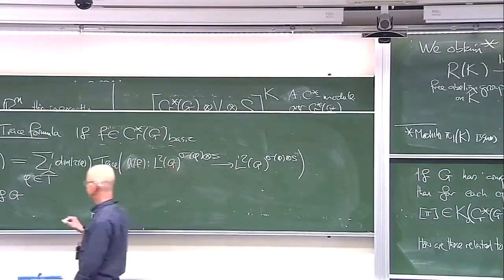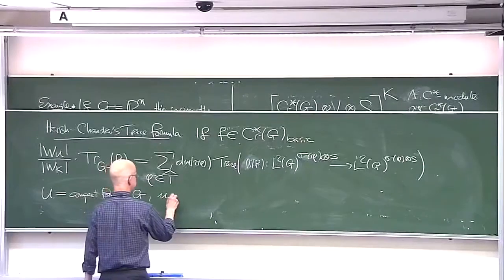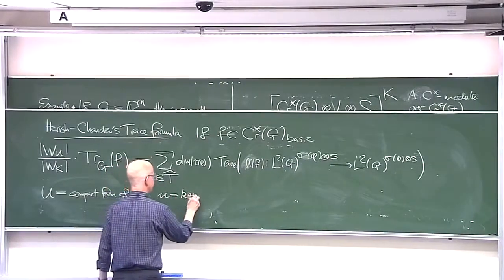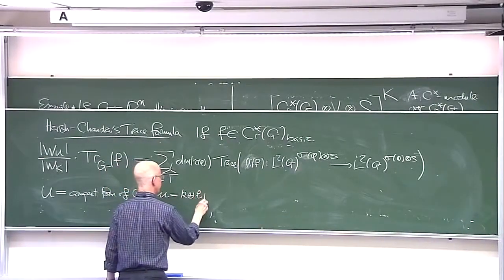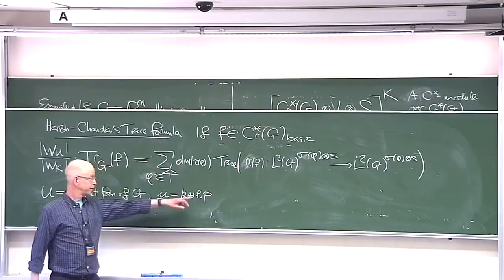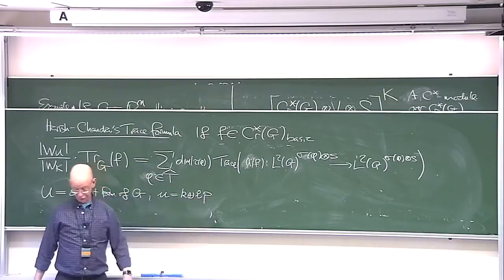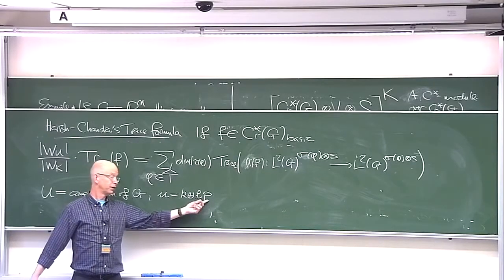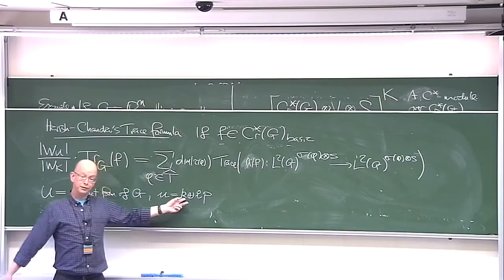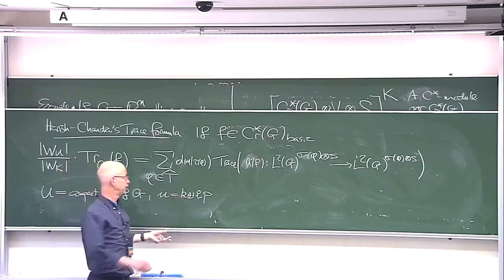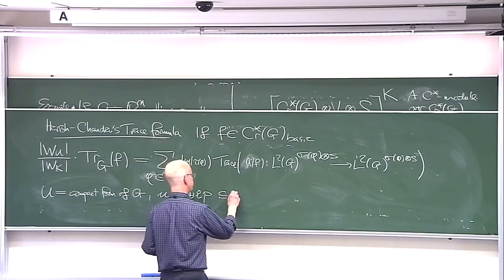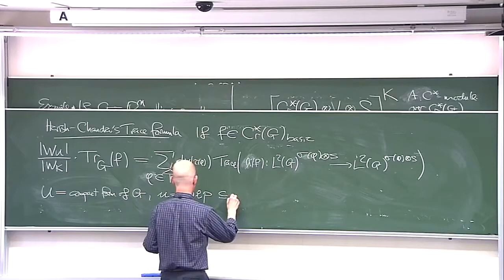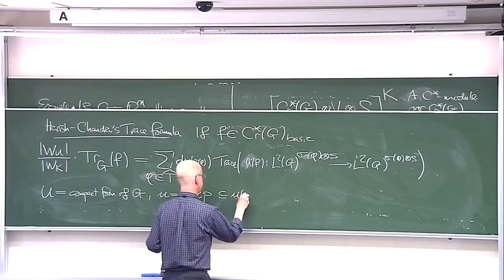And it's characterized by the fact that its Lie algebra is K plus the square root of minus 1 times P. So you take the real symmetric matrices and you make them all skew adjoint by multiplying them by the square root of minus 1. These fellows are skew adjoint, and these are skew symmetric, so they're skew adjoint. So this whole thing is a Lie algebra of skew adjoint matrices inside of the unitary n by n matrices.